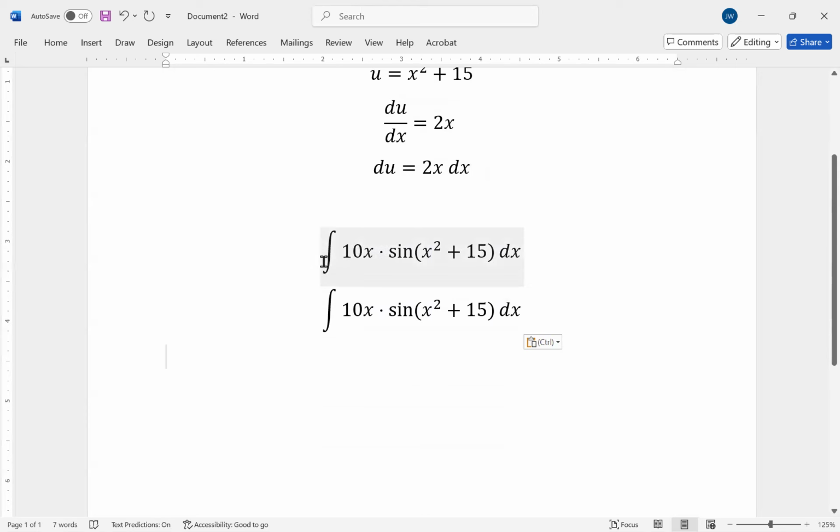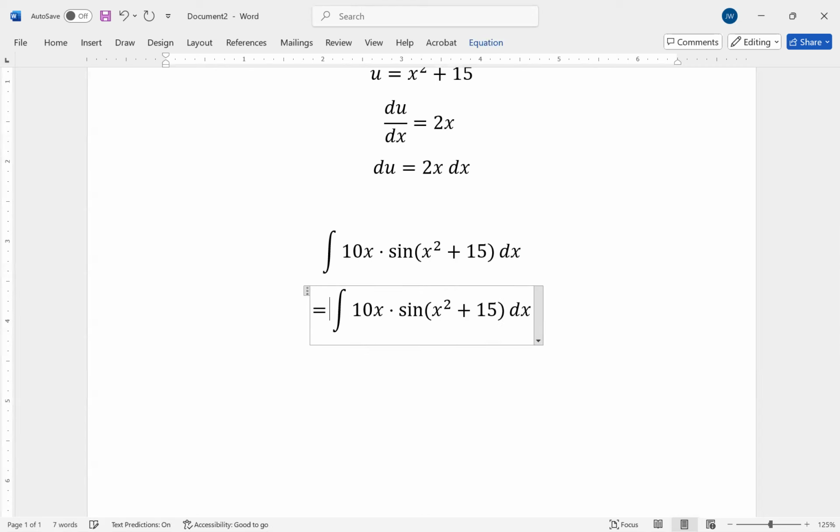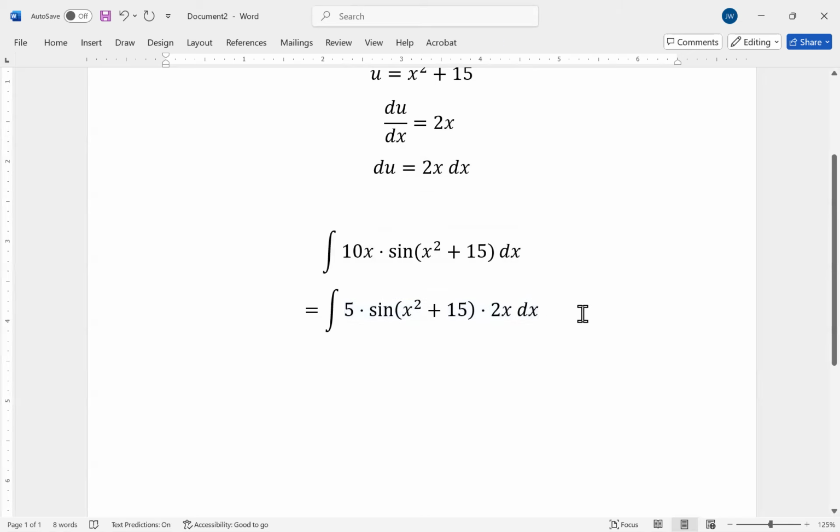So I want to find this integral. And I'm going to pair the 2x with the dx. So 10x is going to be factored into 5 times 2x. And I'll put the 2x in the back.